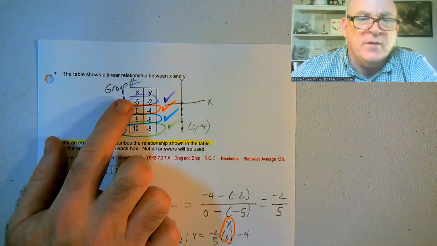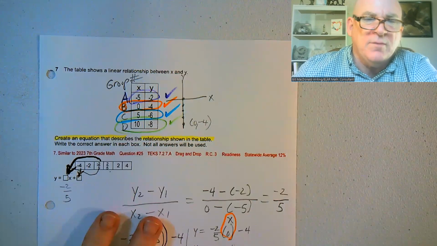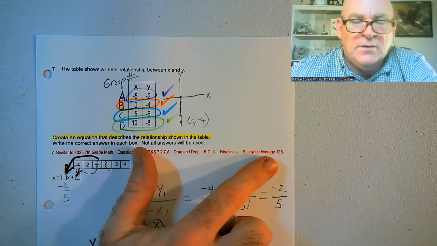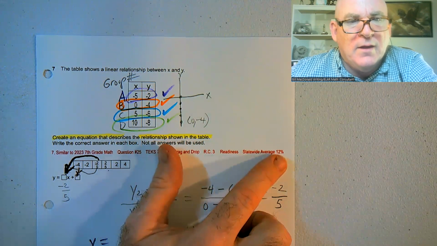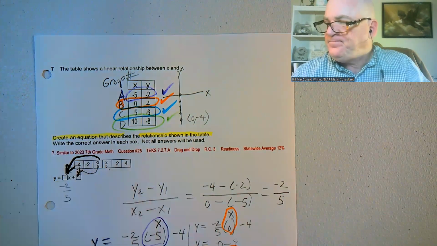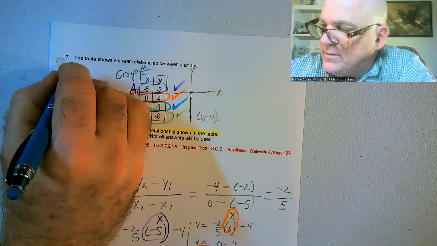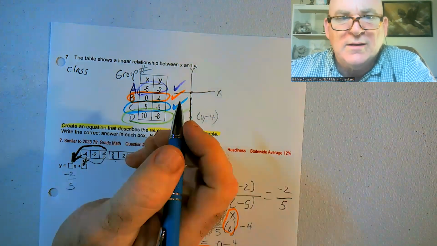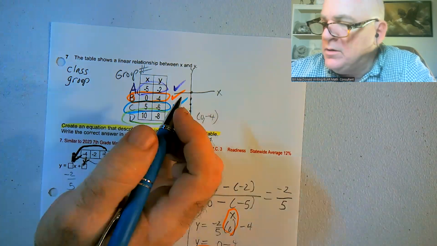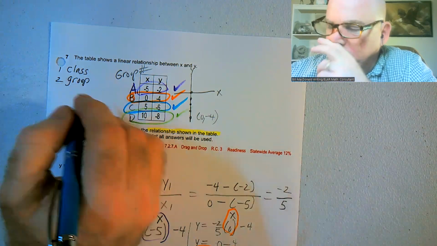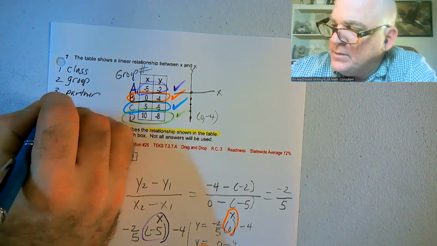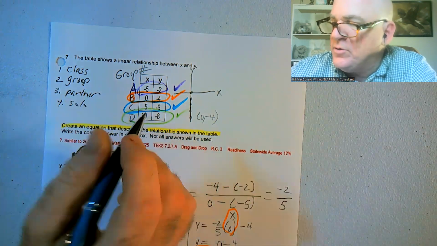And I want you to notice that because I determined that a problem like this in January did 12% in April, I would suggest that you think of the concept of doing things in this format for now: do step 1 as a class, do step 2 in a group, step 3 with a partner, and step 4, they can try it on their own.